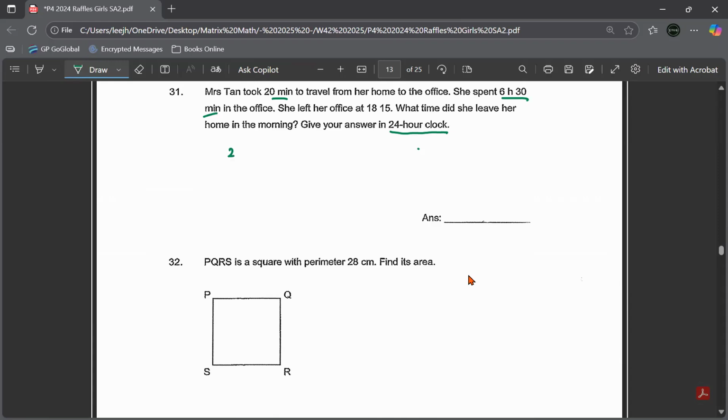So I'm going to add 20 minutes plus 6 hours 30 minutes. Total 6 hours 50 minutes. Okay, so I'm going to calculate. She left her office at 18:15. So from 18:15, I'm going to go back 6 hours.